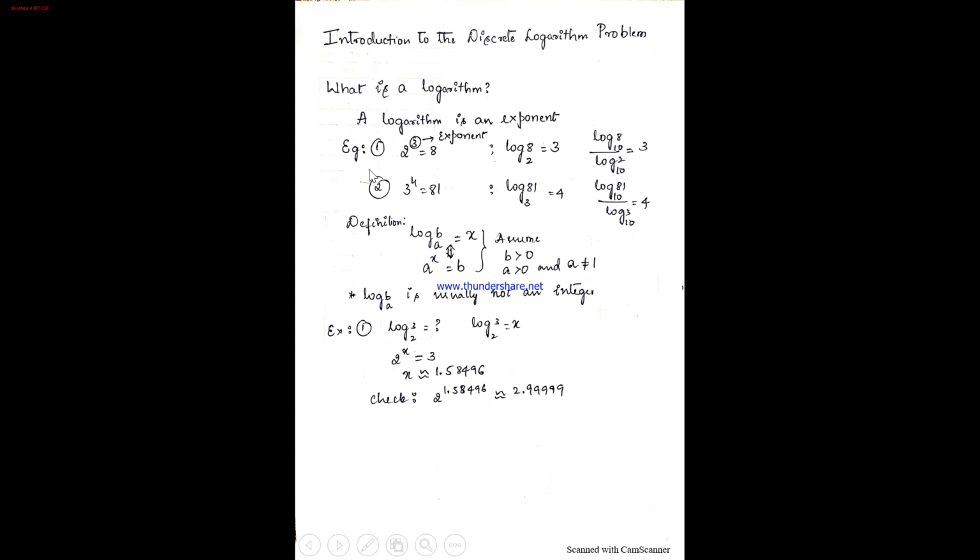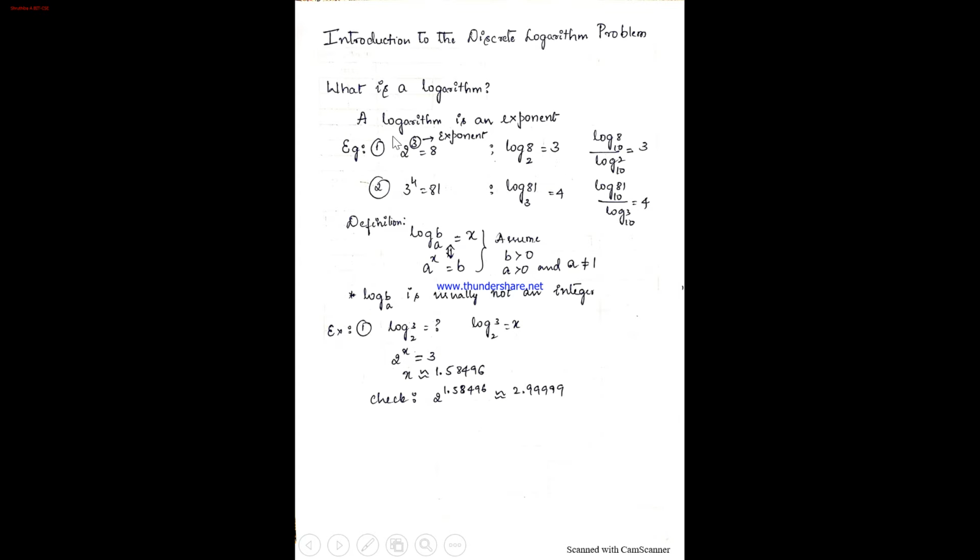So I'll repeat. If you are aware of the base value and the resultant value and you don't know the power, and you are asked to find the power, there comes the concept of logarithm. That is, log 8 to base 2 will give you the exponent.